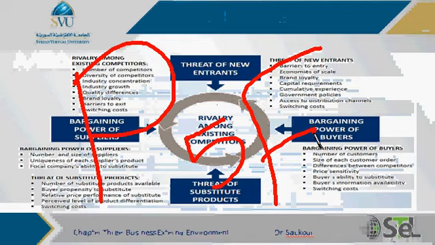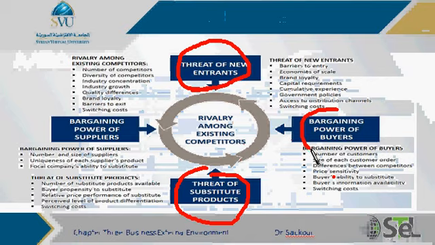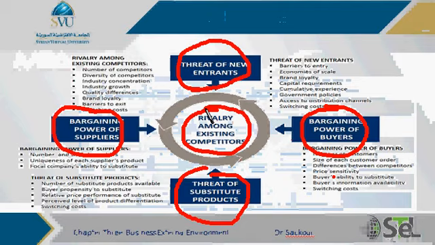What are the main Porter 5 forces that are interrelated and working in the same industry? It's as follows: threat of a new entrant, threat of substitutes, bargaining power of suppliers and buyers, and suppliers vice versa, and existing competitors.